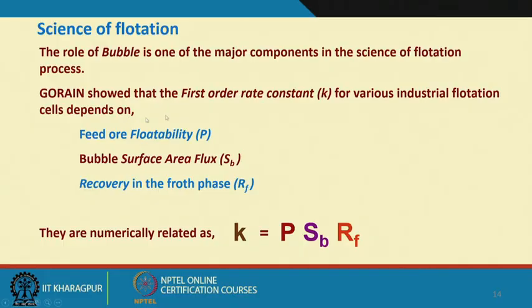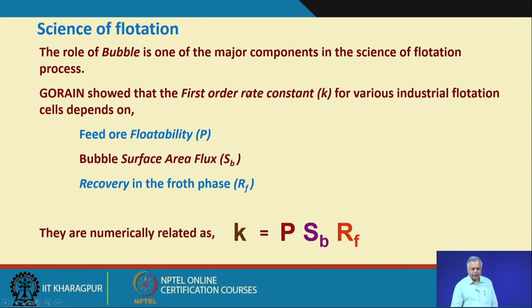So, he has shown that for the various industrial flotation cells, the rate constant, based on which the kinetics of the process basically depends, depends on feed ore floatability, that is called the P, that is what type of material you are trying to float and what is the floatability characteristics of that.